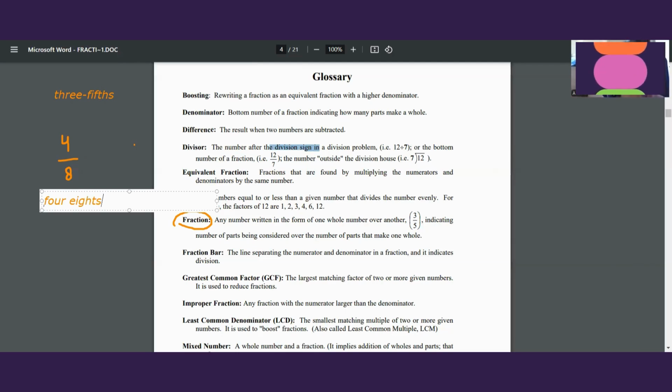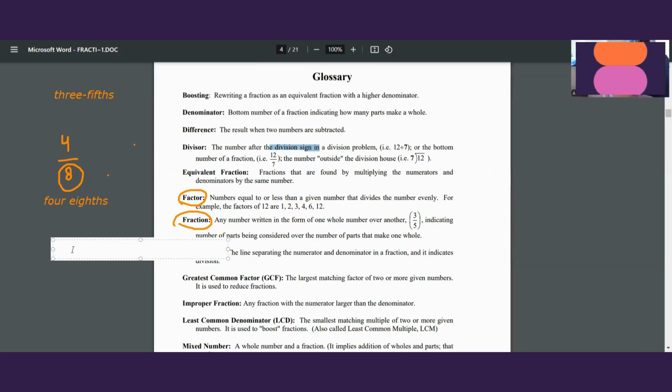Do you understand how we read the denominator? Yeah, like you add an S. Tell me how do we read this one? 3/7. Very good.